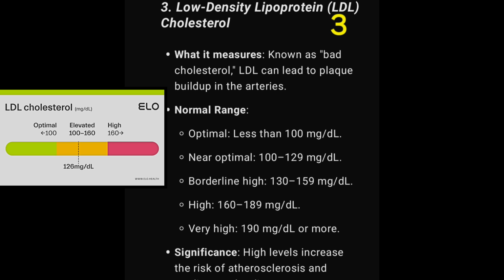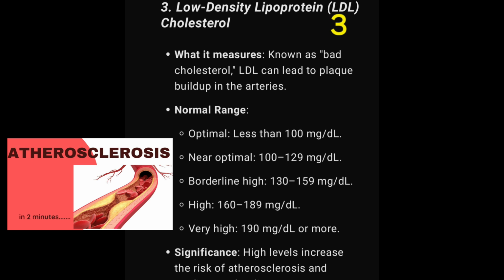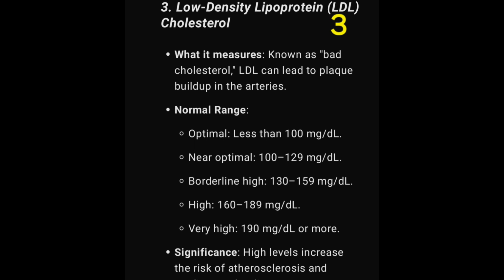Borderline means more than 130 to 159 mg per deciliter. If the level is too high, that is more than 160 to 190 mg per deciliter, it is considered high. The high levels increase the risk of atherosclerosis and cardiovascular disease, stroke.